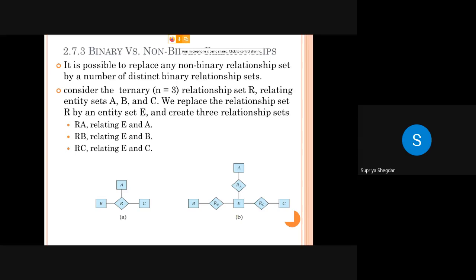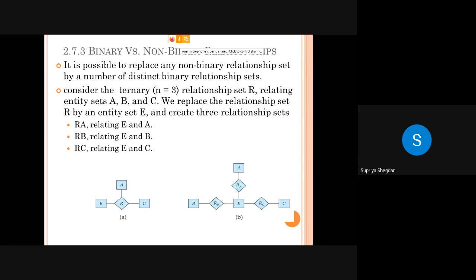Then the third one is binary versus non-binary relationship. A binary relationship is a relationship between two entity sets, and a non-binary relationship is one between more than two entity sets.